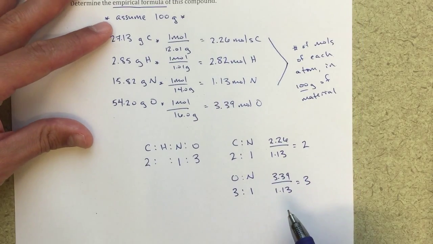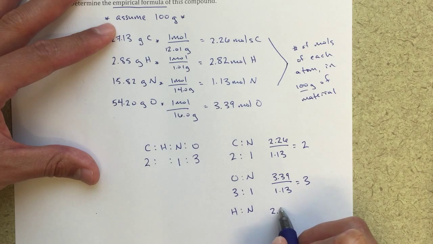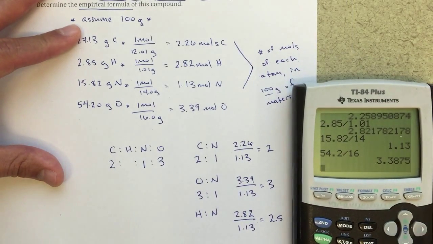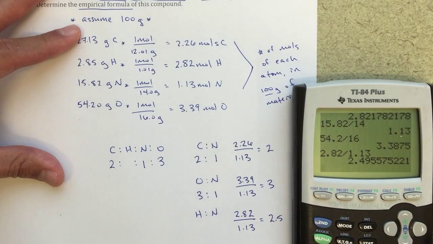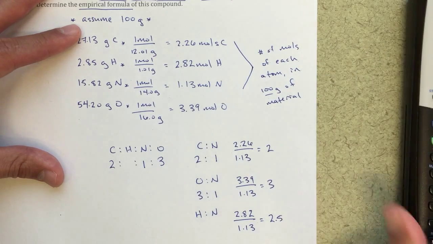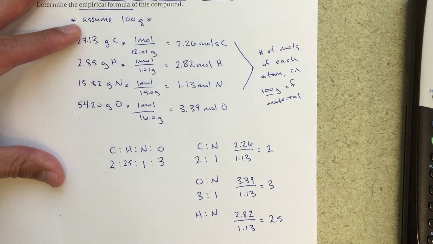For hydrogen to nitrogen, I'm going to take 2.82, and I'm going to divide that by 1.13, and this is actually going to equal 2.5. So if I actually show you that calculation, 2.82 divided by 1.13, that equals 2.495555. So this to me says 2.50, right? I can round that to 2.50. So this means that the ratio here for hydrogen is going to be a 2.5.